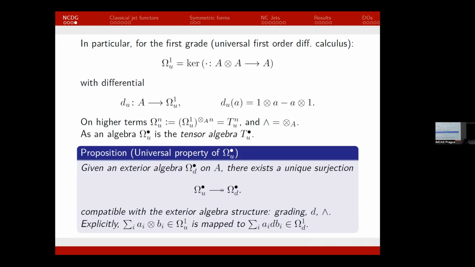If we want to see the map explicitly, the element sum of a_i tensor b_i is mapped so that the a_i go as coefficients of the forms, and the b_i go so that d b_i will be the form element.